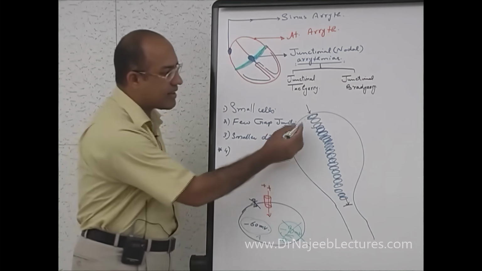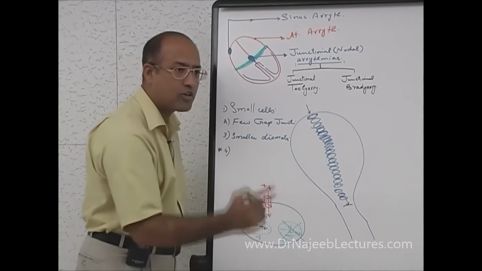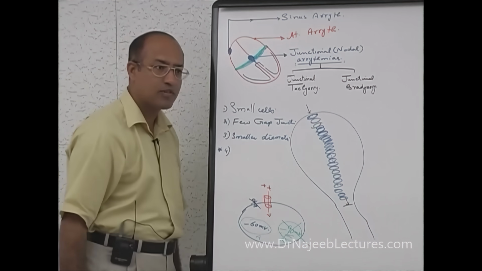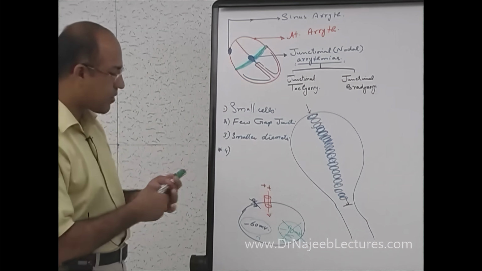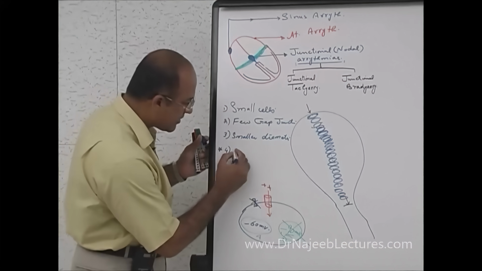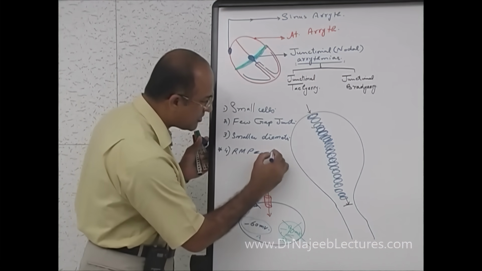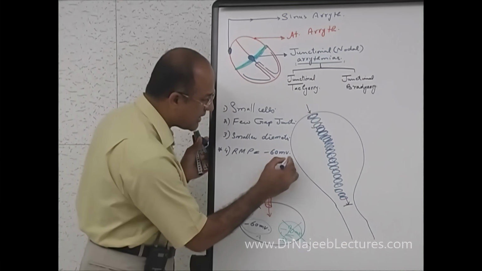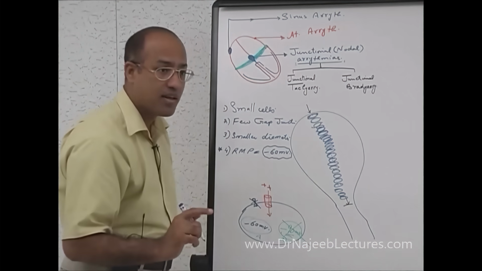So naturally current has to move, it's cationic current, right? Does it have to move fast or slowly? Slowly. So because of these electrical properties, we can say that the resting membrane potential of AV node of minus 60 millivolt also keeps the AV nodal system a slow conductor.